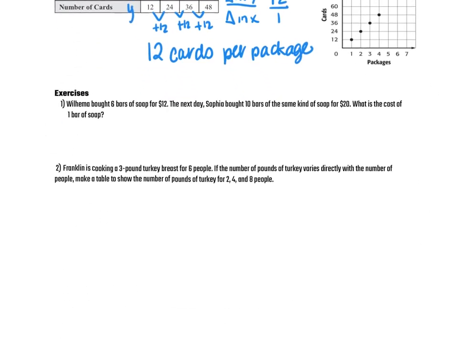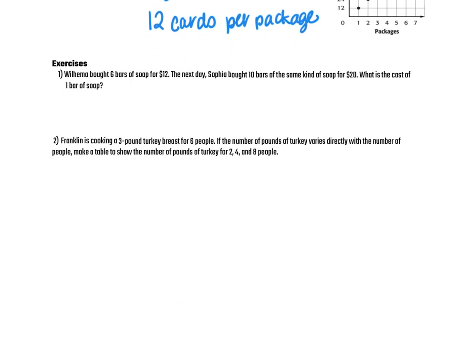So Wilma bought 6 bars of soap for $12. The next day Sophia bought 10 bars of soap for $20. What is the cost for bar of soap? So I'm going to make a chart, and I'm going to say this is my X and this is my Y. And I'm going to say this is bars of soap, and this is my cost. So for 6 bars of soap, it costs $12.